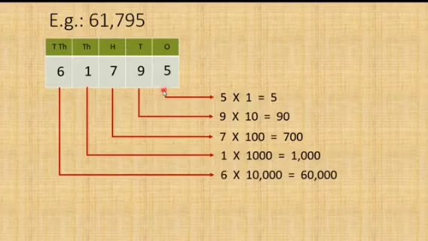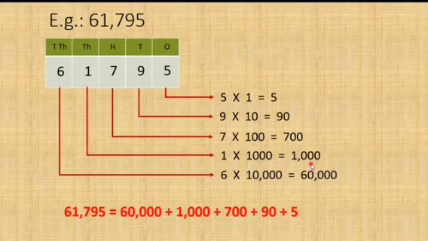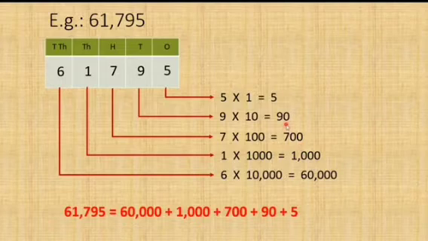Now we represent 61,795 in the expanded form as 60,000 plus 1000 plus 700 plus 90 plus 5.